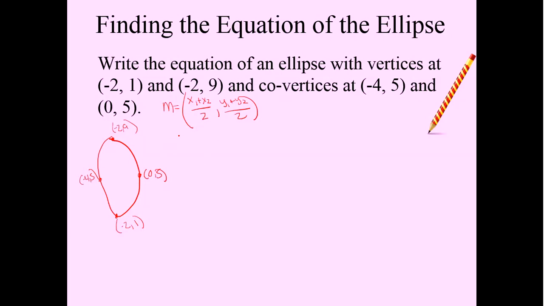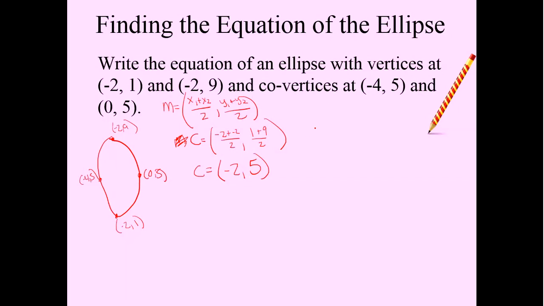Let's call it C for center. So I'm going to go negative 2 plus negative 2 all over 2, and 1 plus 9 divided by 2. So my center is at negative 2, 5. Did I do my math right? Yeah, my center's at negative 2, 5.